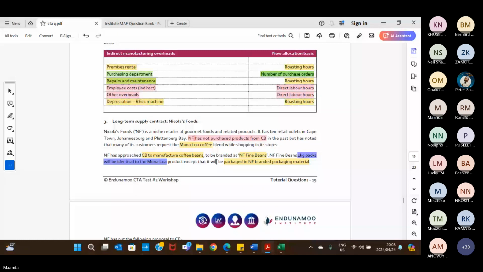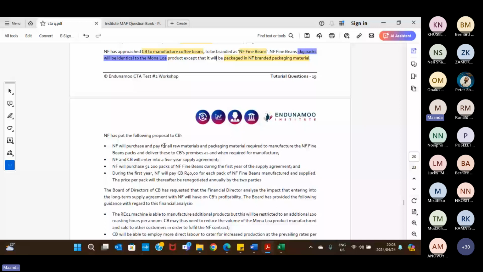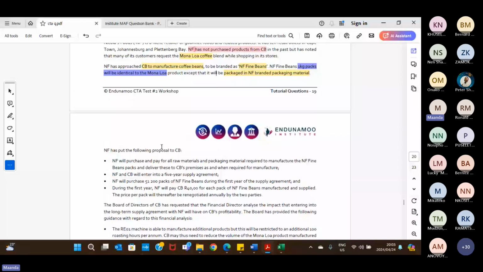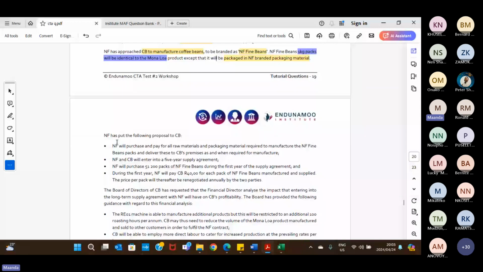All right, so bear with me. I'm just going to read this, then we take a break and finish off this question, because this is a very, very brilliant question. And I want us, by the time we leave here, to have understood everything that is here. All right, so NF has put the following proposal to CB.